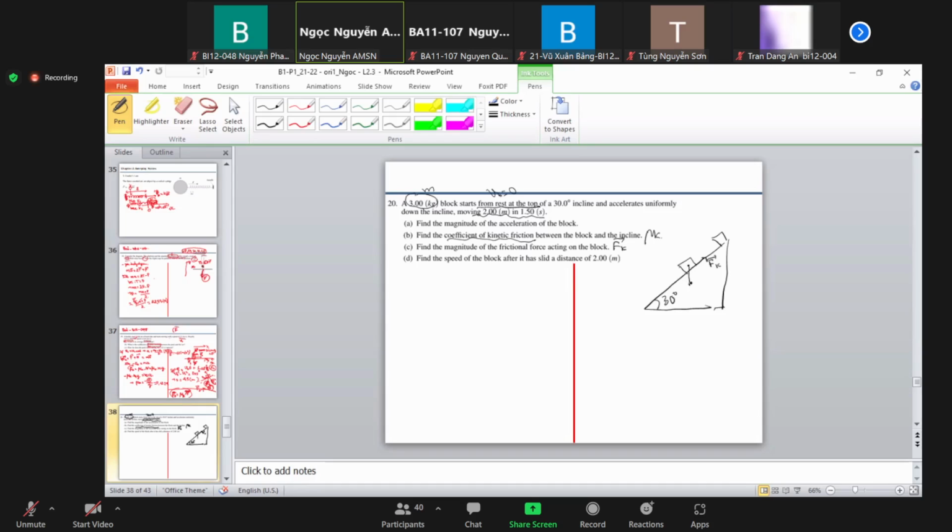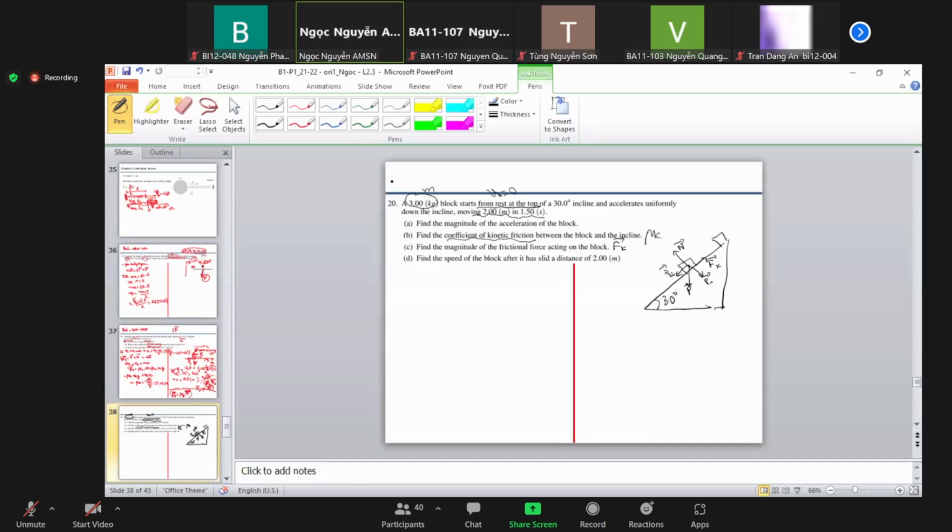Here is P, and we decompose it into two components, P1 and P2, and here is the normal force. So can someone help me solve this problem? Tell me your name and student code.